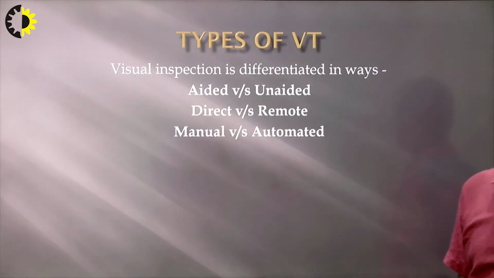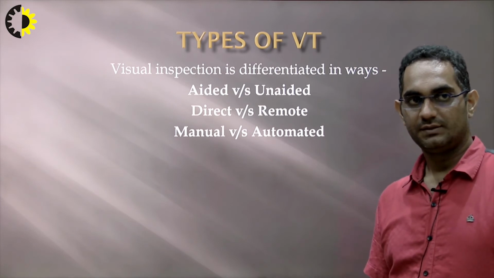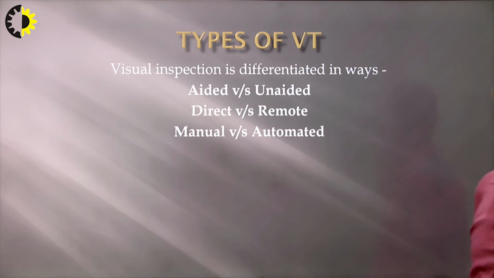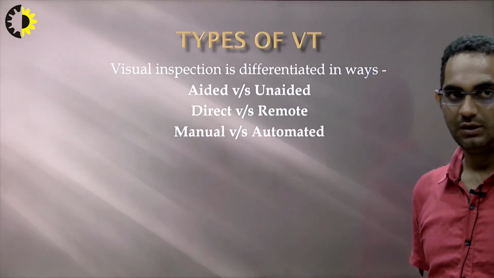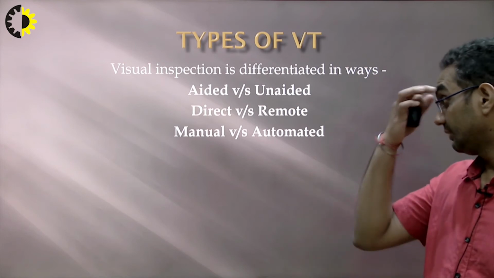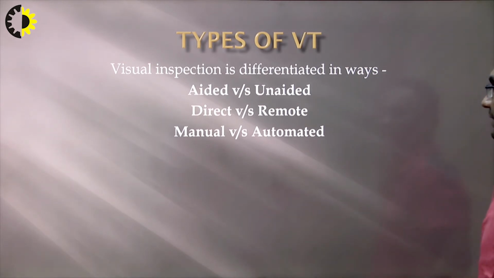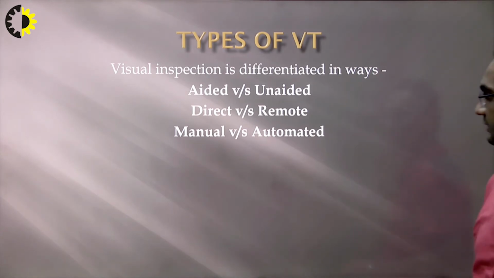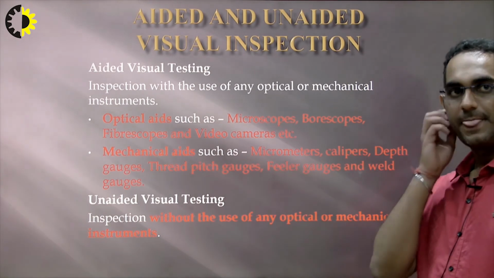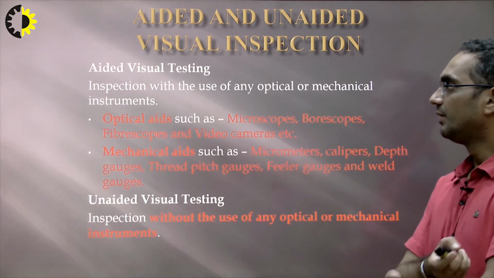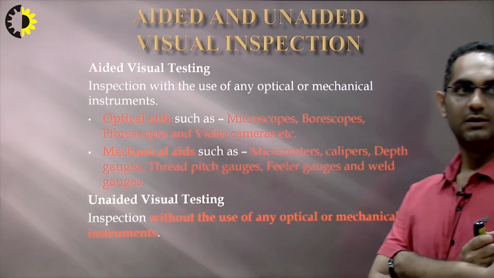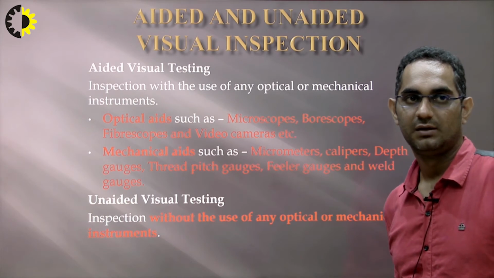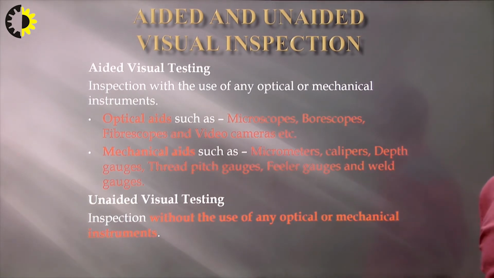Now visual inspection is differentiated in many ways: aided versus unaided, direct versus remote, and manual versus automated. Aided visual testing is inspection with the use of optical or mechanical instruments.